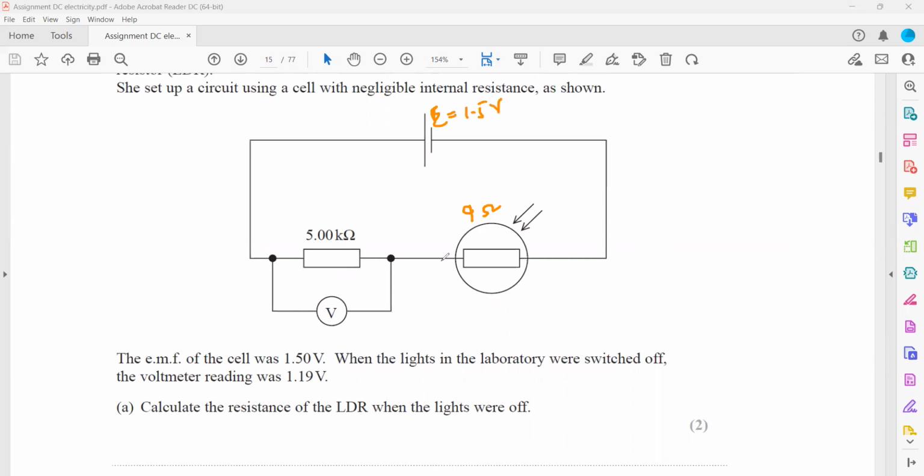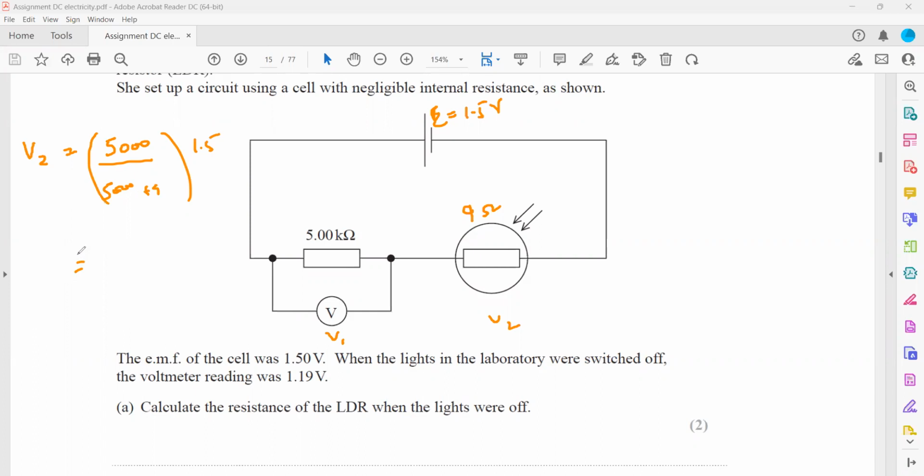If I need the voltage here, we can use the potential divider formula. The voltage across the fixed resistor is V1, and the voltage across the LDR is V2. So the voltage across the fixed resistor is the resistance of that part, which is 5000 or 5 exponent 3, divided by the sum of the resistances, 5000 plus 9, multiplied by the combined voltage, 1.5.